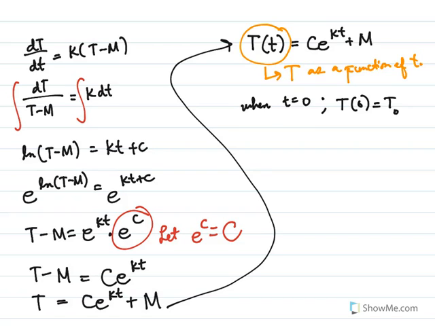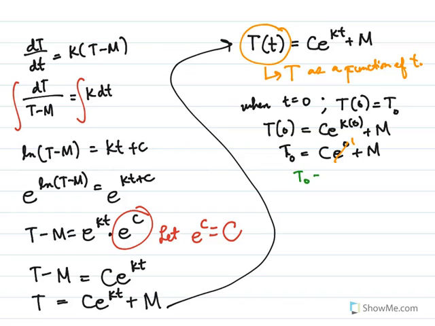Then your T of 0, based on our complete solution, C e to the kt plus M, T of 0 equals C e to the k times 0 plus M. So that's T naught is equal to C e raised to 0 plus M. But e raised to 0 is 1, so it follows that T sub 0 equals C plus M, or C is simply T sub 0 minus M. So what does this tell us?